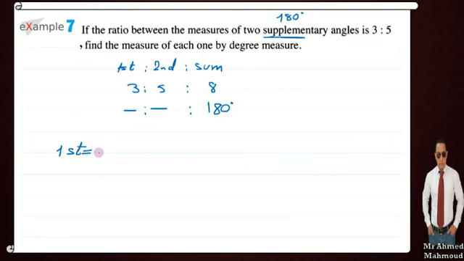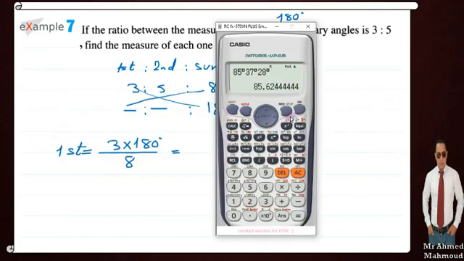equals, by making a cross multiplication like this, 3 times 180 over 8. I will teach you how to do it with the calculator again. 3 times 180 over 8, equal.